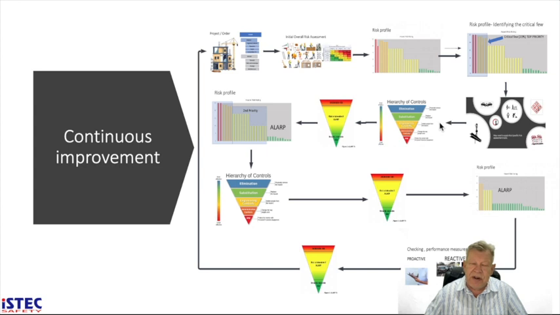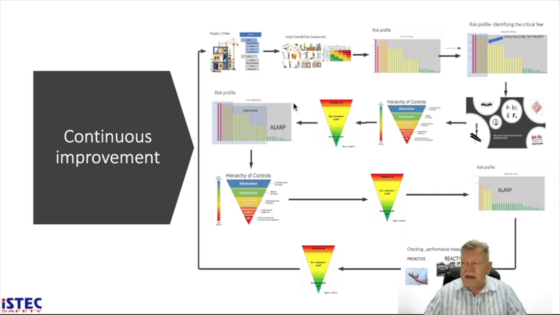We need to put engineering measures in place. We need to put administrative controls or PPE. We apply these effective controls until the risk connected with these high-risk hazards is as low as reasonably practicable, or generally tolerable.